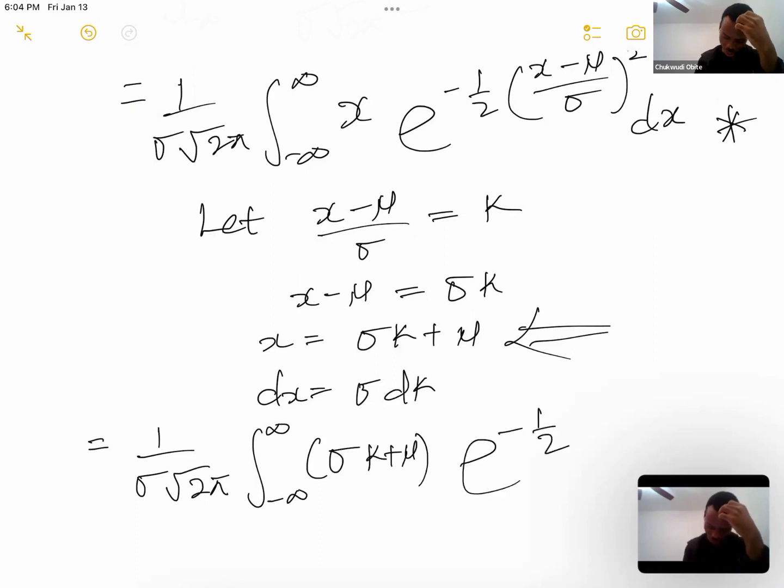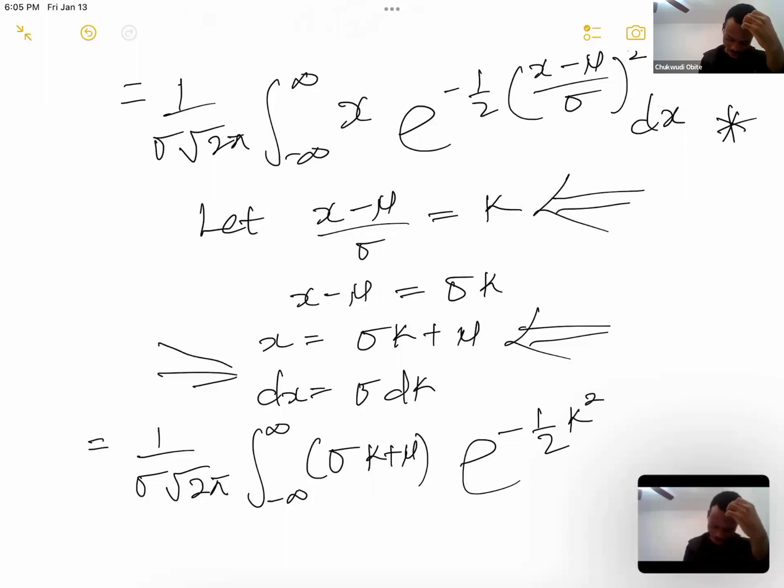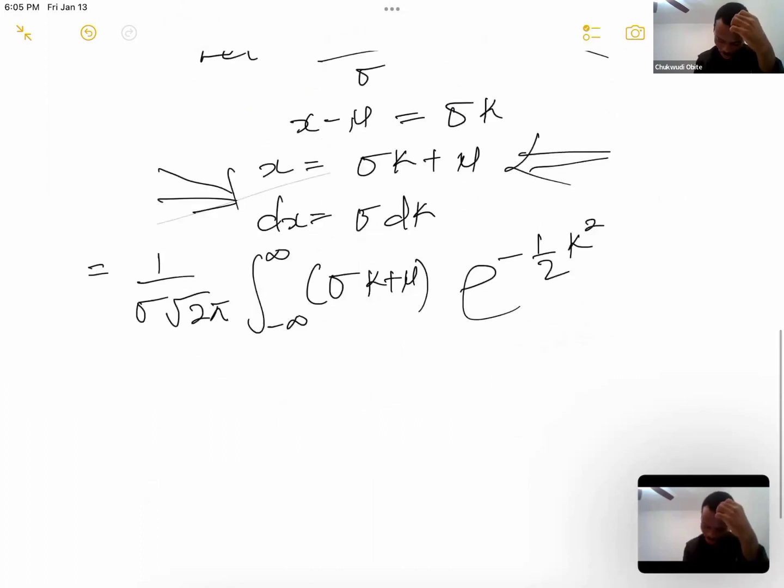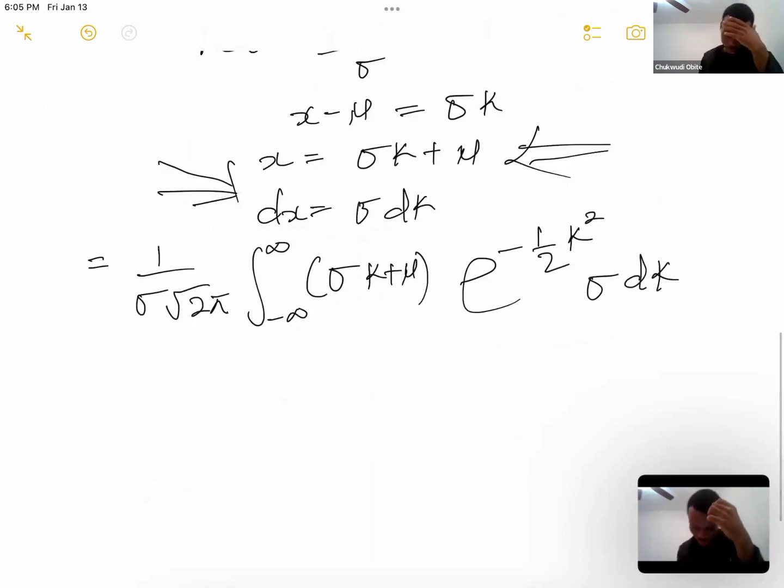So what is x minus mu divided by sigma? That's all k, then raised to power 2. What is the dx? Look at the dx. The dx is sigma dk. We are making progress.